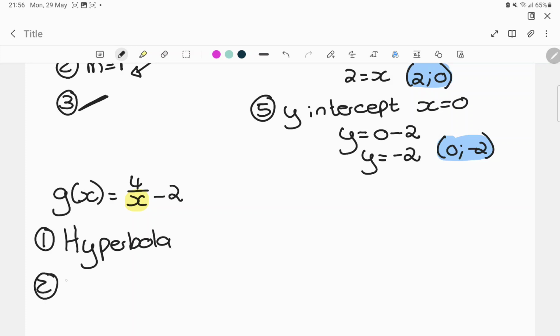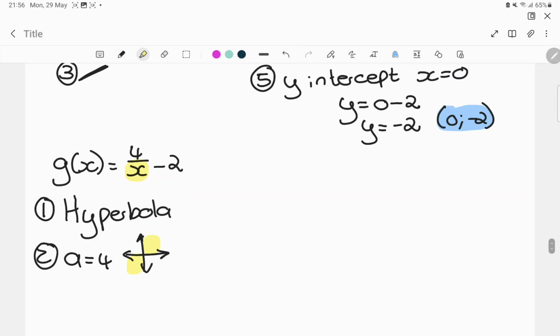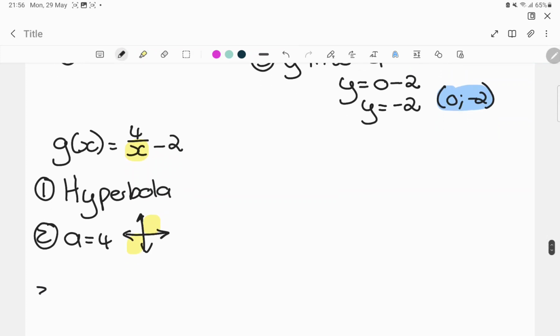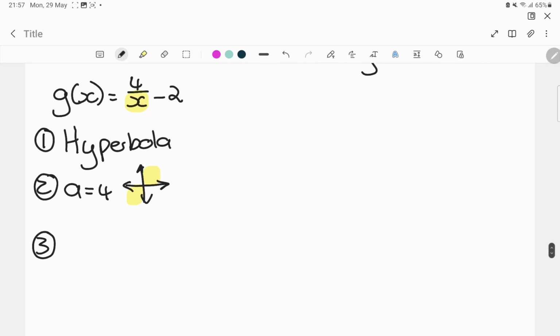Second, my a value is 4, meaning that my graph will be drawn in my first quadrant as well as my third quadrant. Third are my asymptotes. Remember, a hyperbola has two asymptotes. For grade 10, one will always be x equal to 0, and my other one will be y equals my q value, and my q value is minus 2.